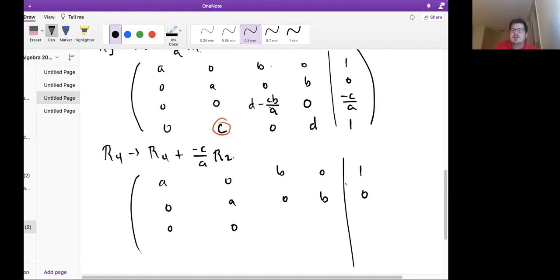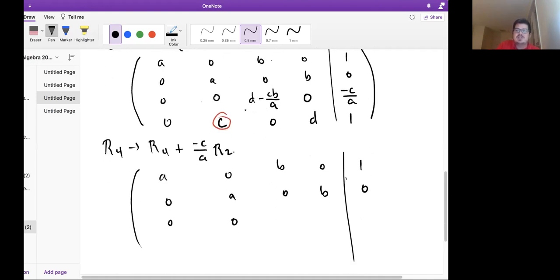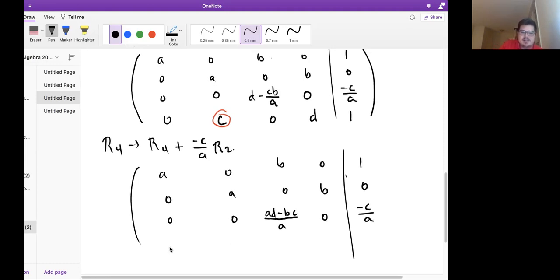By the way, what happens if you put this into one fraction, with a common denominator? What do you get? Right, and I'm going to write it as AD minus BC for reasons later. And then let's read the last line out. 0, 0, 0, and then what's this position here?